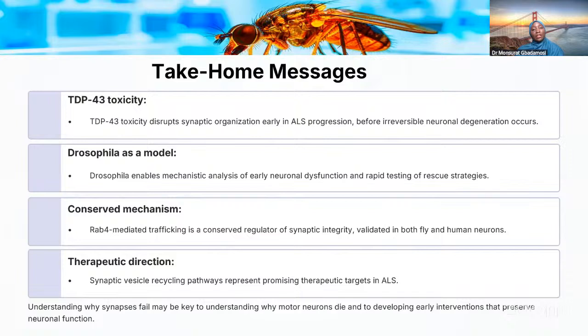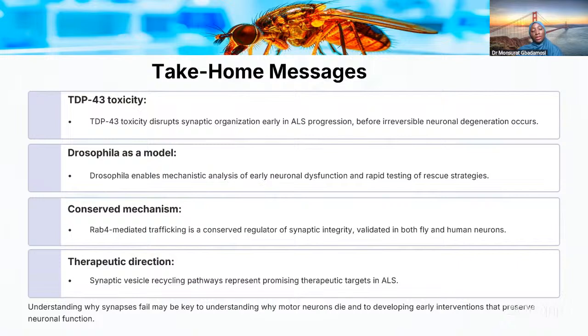And I know I've said a lot of stuff today, and maybe some people might be lost along the way, but these are the key messages that I want you to remember. TDP43 mislocalization is toxic, and it is the hallmark of ALS disease, and it disrupts synaptic organization. That's our hypothesis. I have told you why Drosophila is one of the best models to use to model ALS, and it's because the mechanisms are conserved from RAB4 to Futsch.